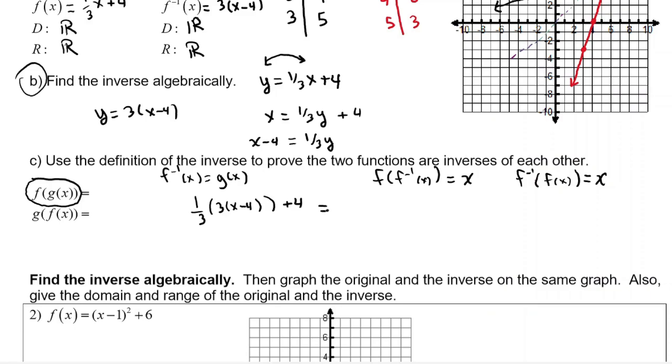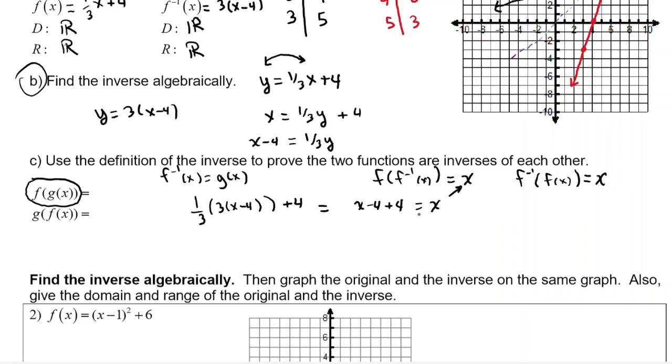All right, so if we simplify this, the 3's would cancel, and I would get x minus 4 plus 4, which equals x. So the first one came out equal to x, so that's good.